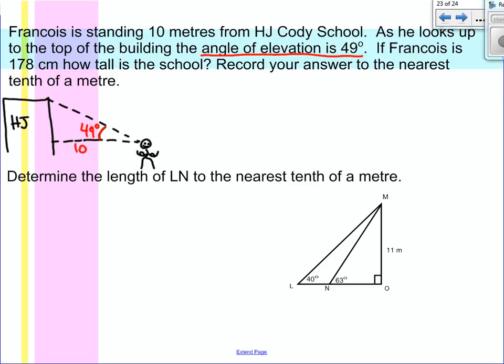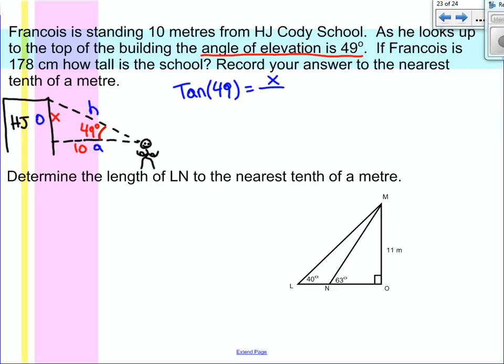Your first step is going to be to label it all out. So H.J. Cody is the opposite. The 10 is the adjacent. Our hypotenuse is the other side. We have to use the tangent ratio. If you did SOH CAH TOA, you would know that. Tangent of 49 equals opposite, which is x, divided by adjacent, which is 10. So you need to multiply that over to the other side.